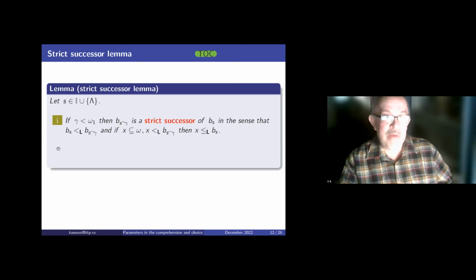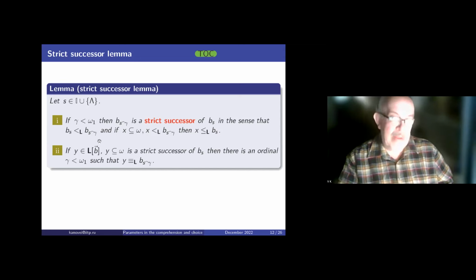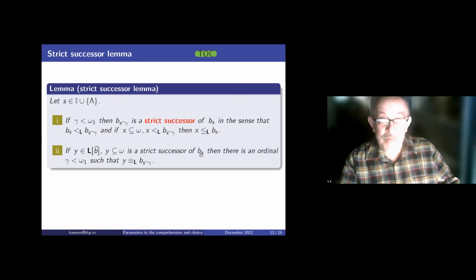This is first. And second, just the other way around. If some real in the extension is a strict successor of B sub S, then it is essentially one of B's with a successor index.